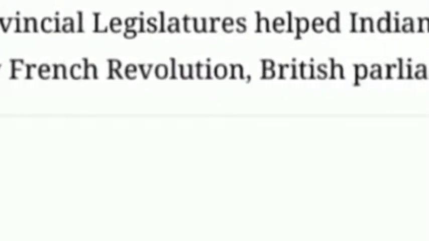So all these things inspired our Indian constitution. And lastly, they also learned what the British were denying Indian citizens.